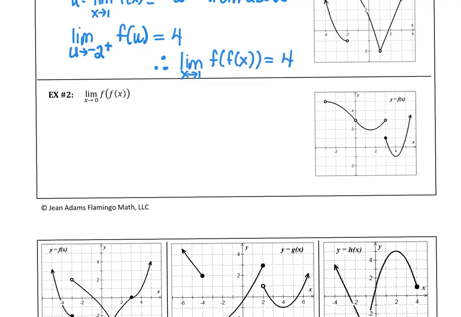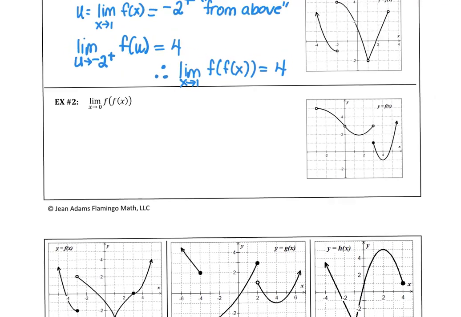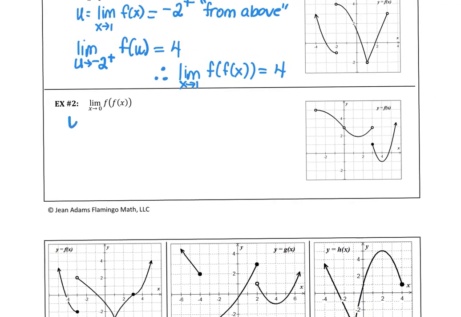In example 2, this is where it gets a little tricky. Again, I'm going to define my inside function as u, and we'll let u be the limit as x approaches 0 of the inside function f of x. Then we're going to take a look at our graph here.